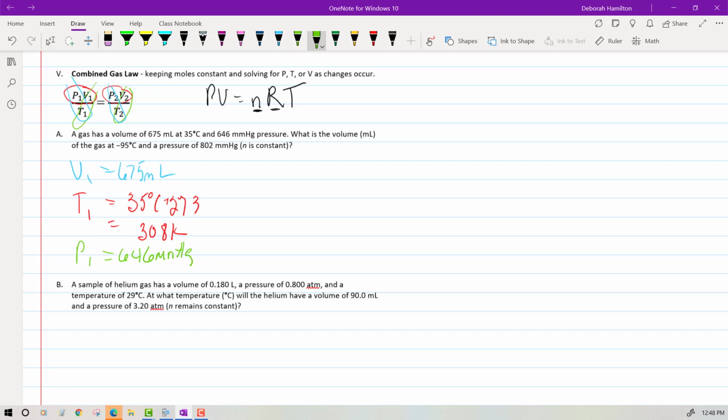Okay, and then when we take a look at the second set of conditions, we are looking for the new volume in the same units, which is good. We don't have to worry about trying to convert those. We're looking at a temperature of T2 equal to 95 degrees Celsius plus 273.